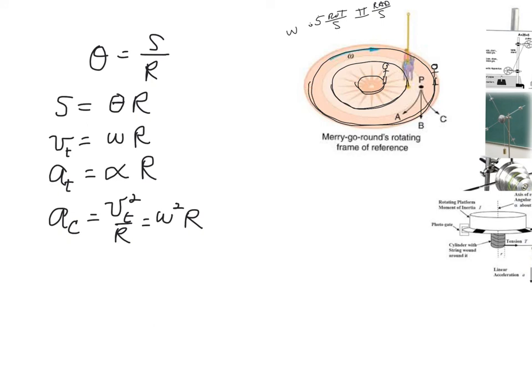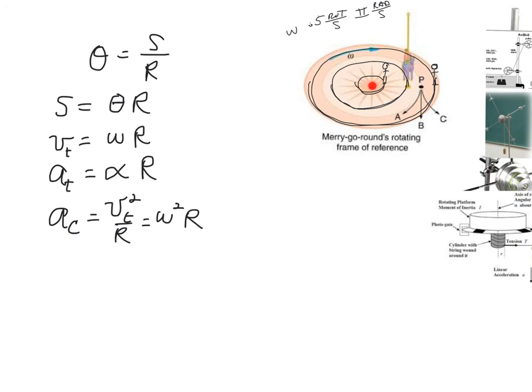But one last complication, that's the tangential acceleration. So as this person moves around, if the velocity is constant, then the tangential velocity will be constant, and there'll be no tangential acceleration.